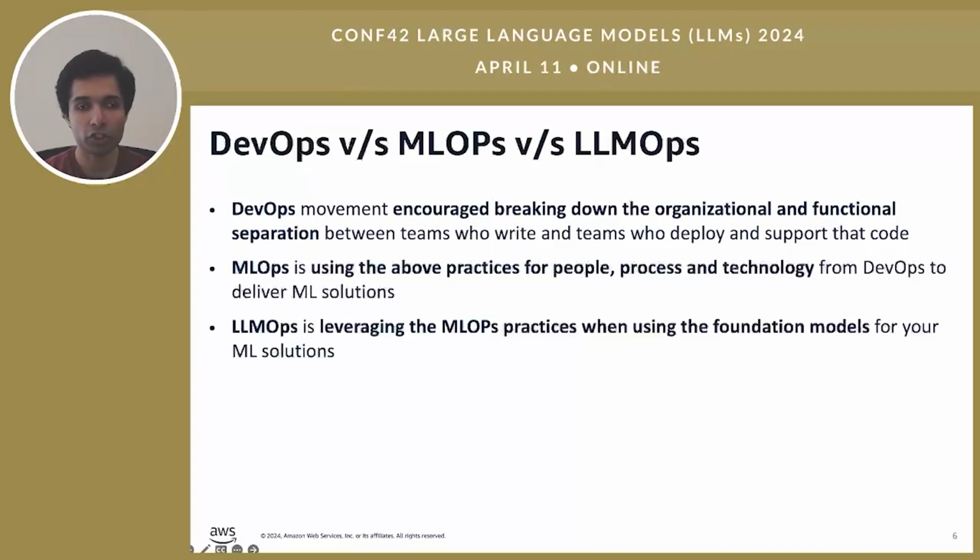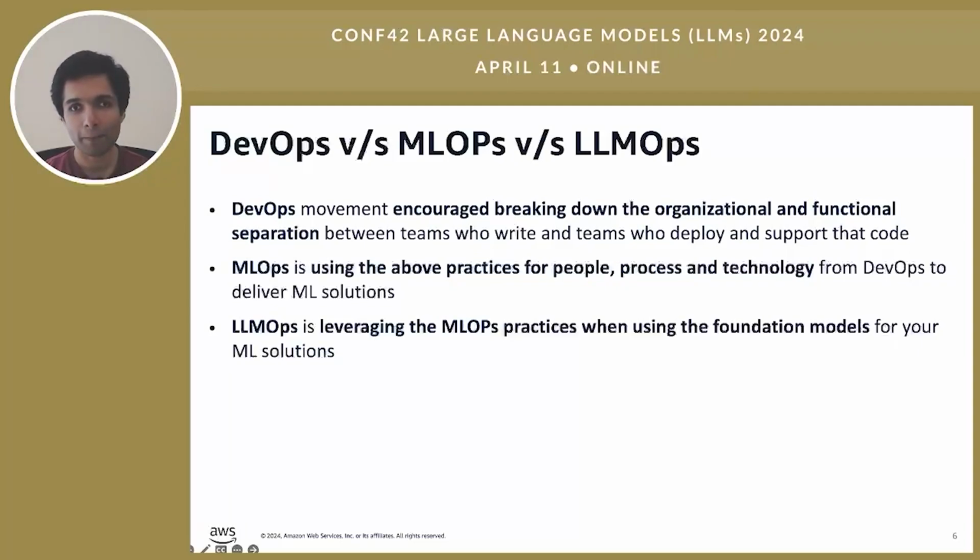For example, a foundation model which you would have access to via Bedrock, you can use it for text summarization, you can use it as a chatbot, you can use it for question and answers. There are different business scenarios where you can use these models. Hence, LLMOps as a term is using that single model, that is the foundation model, for different aspects of your business.